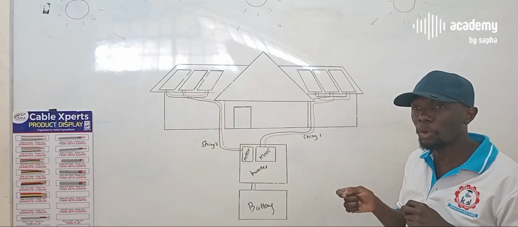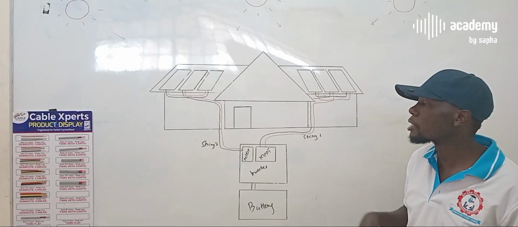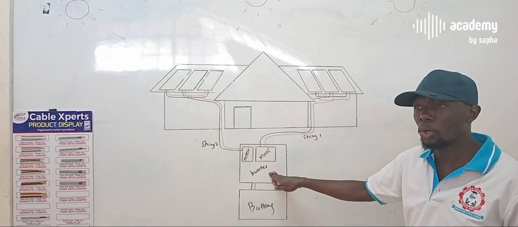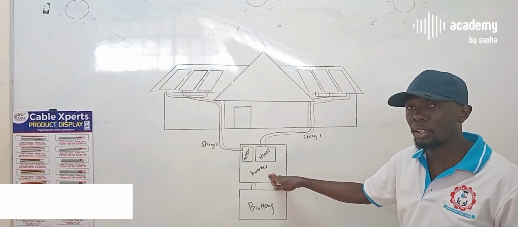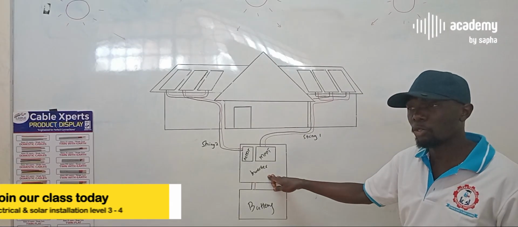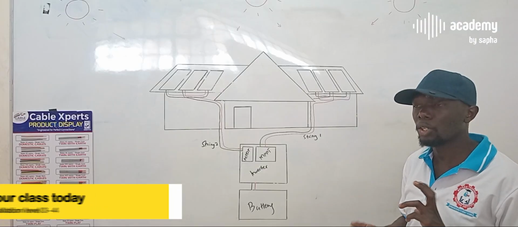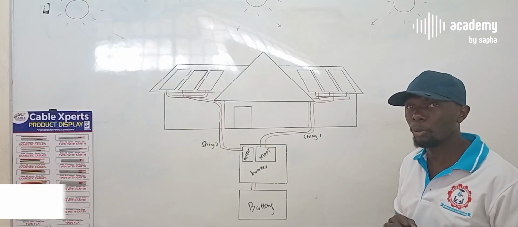So you have to combine your panels so that they generate enough voltage to power up the inverter, and enough current, a combination of voltage and current, to ensure the inverter is operating optimally.